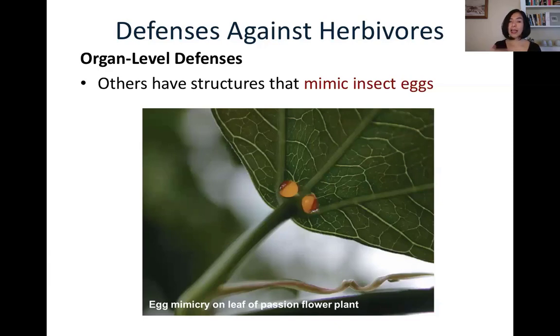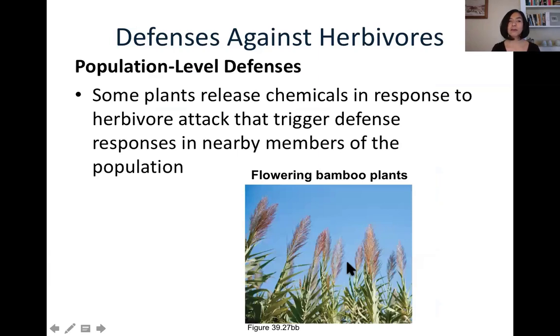So they are going to pass on this plant, right? But this is not an egg from an insect. It's actually produced by the plant. And that is the example of a passion flower, or a leaf of the passion flower plant.